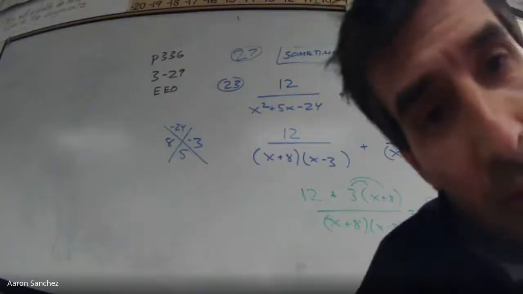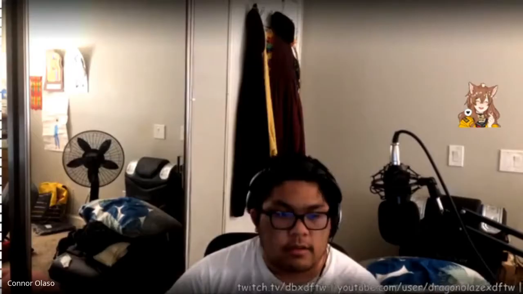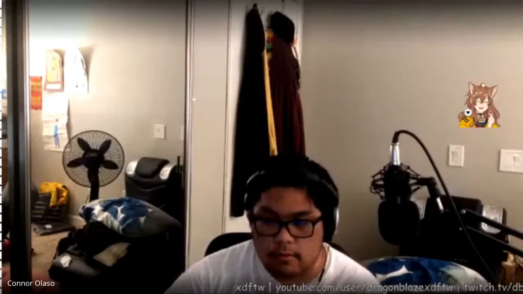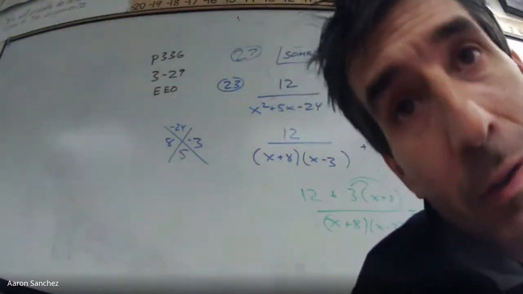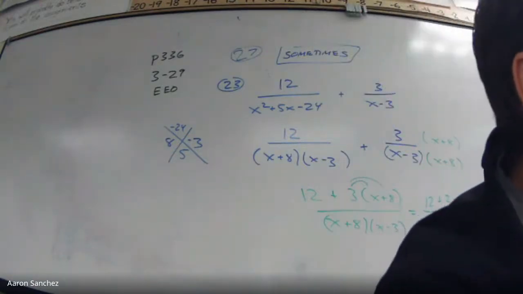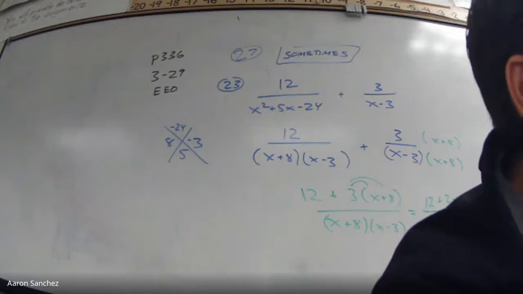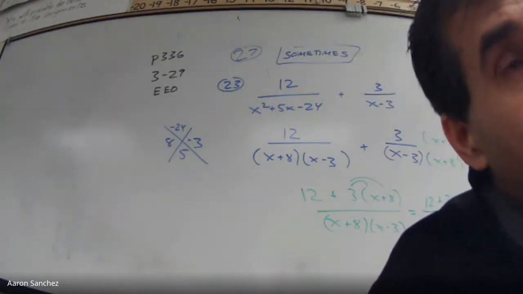Class is good. Connor, is this easier than Math 2 honors? I think it's about the same for me. How about you, Madison? Is this easier than Math 2 honors? Yeah. I need to make it harder.